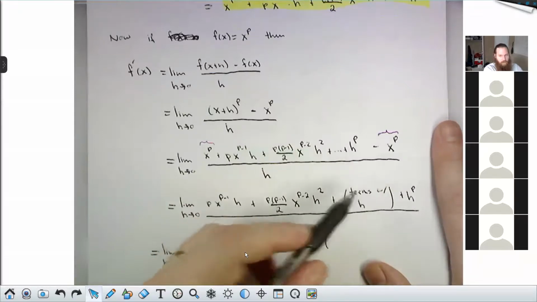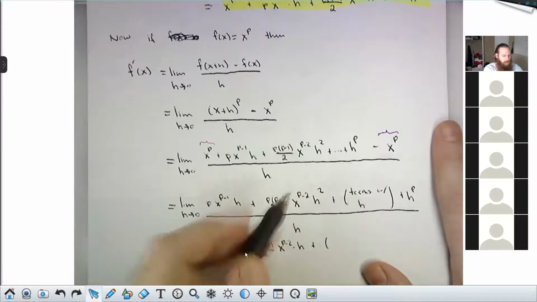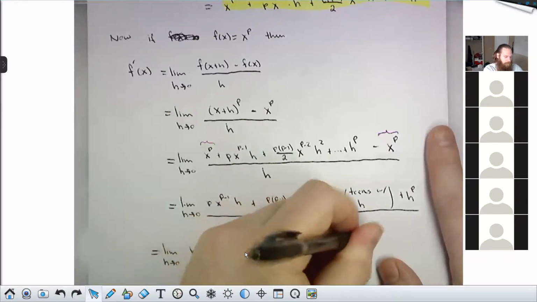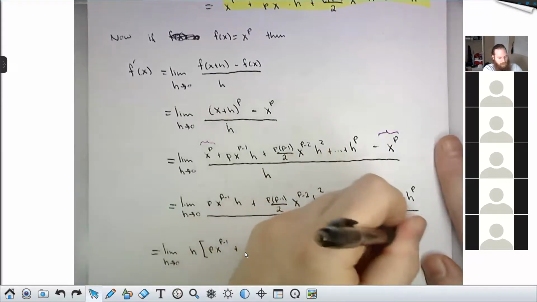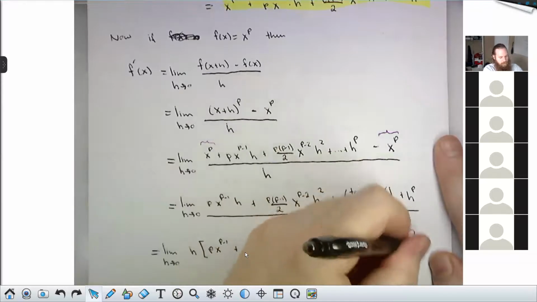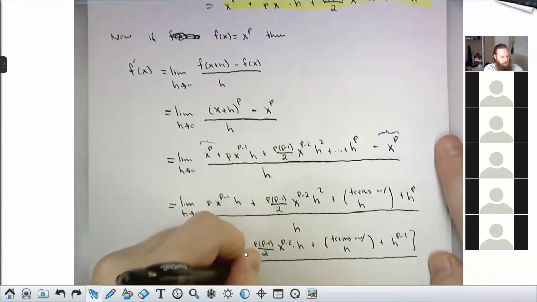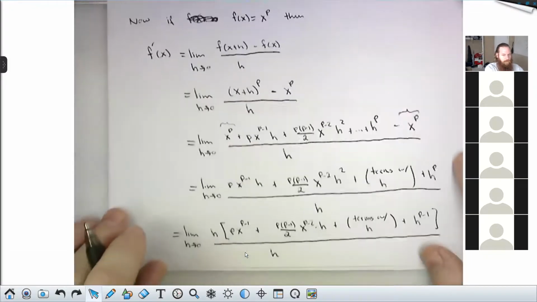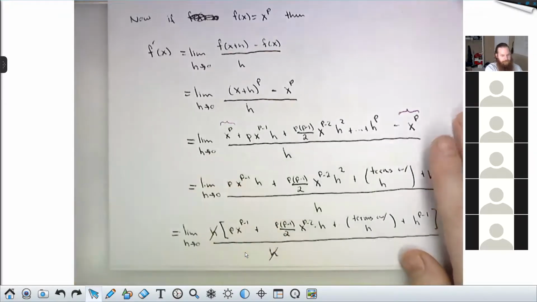This next term is like h cubed, and then h to the 4, and then h to the 5. When you factor an h out, these will still have h's in them. And this very last term is now going to be h to the p minus 1.] And it's all being divided still by h. And now you can cancel. You cancel this h out front with this h down below.